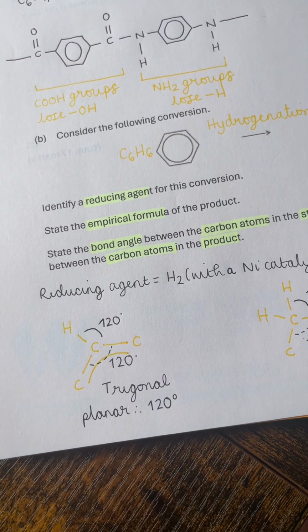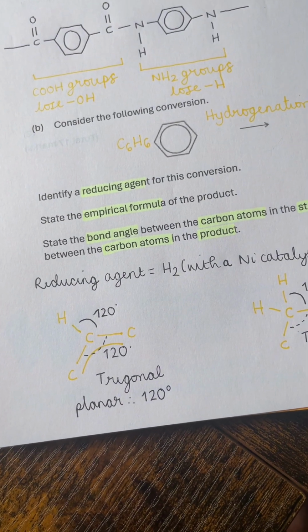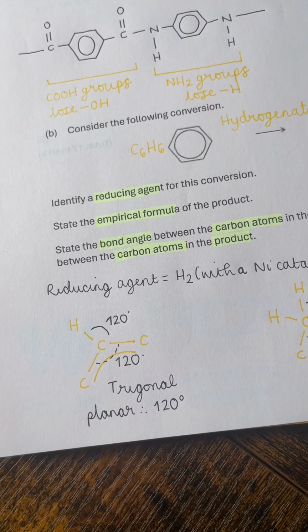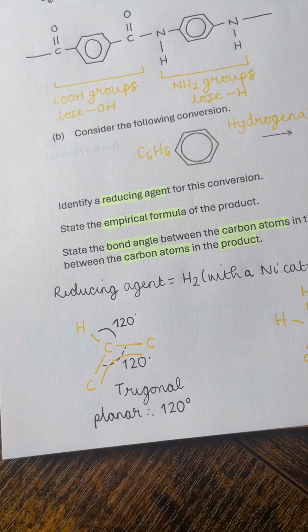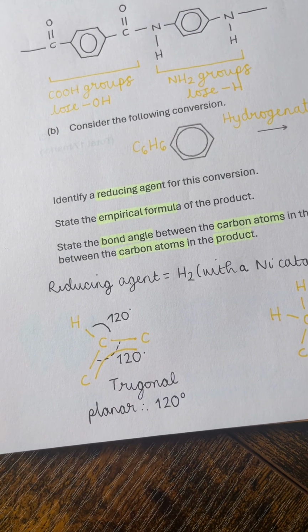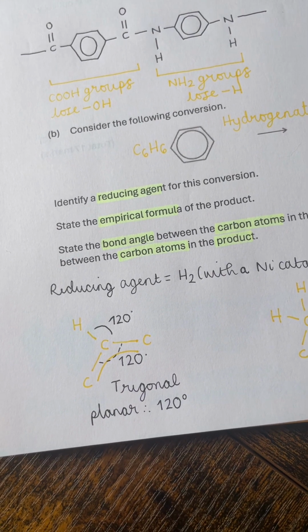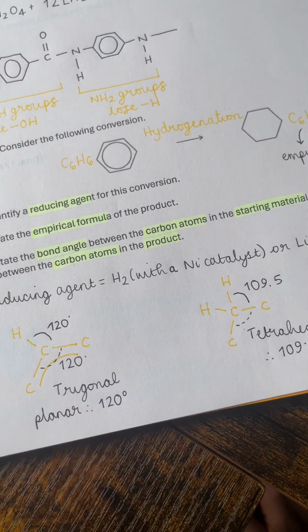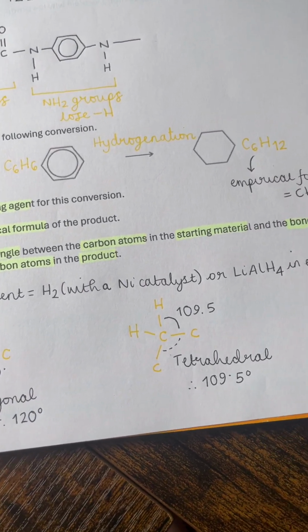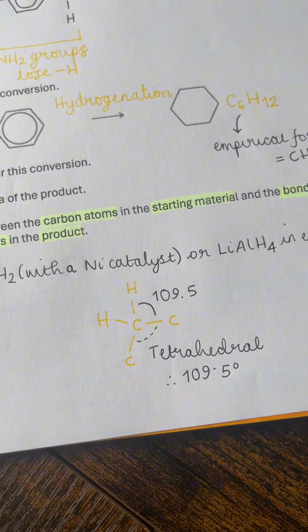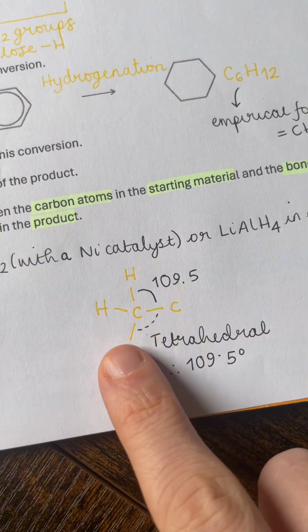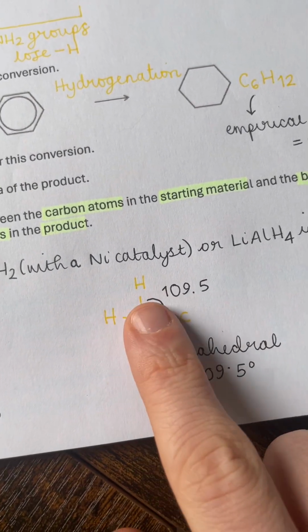So that's going to mean it's going to have a trigonal planar shape, and thus the bond angle both between the carbon and the hydrogen and the carbon and the other carbons is going to be 120 degrees. If the idea is that we are then breaking open that delocalized ring of electrons and giving each carbon another hydrogen, when we get over to the product, the shape is going to then be tetrahedral because we've got carbon bonded to 2 other carbons and to 2 hydrogens.